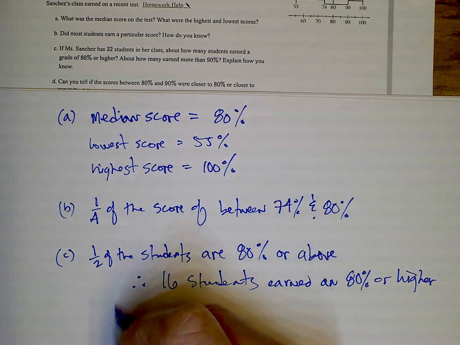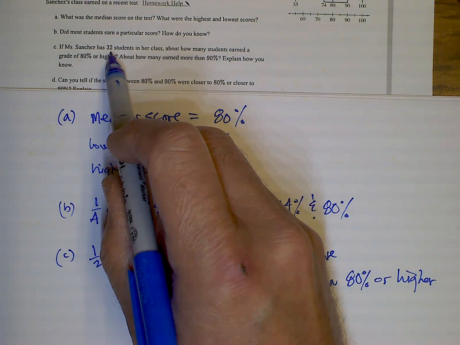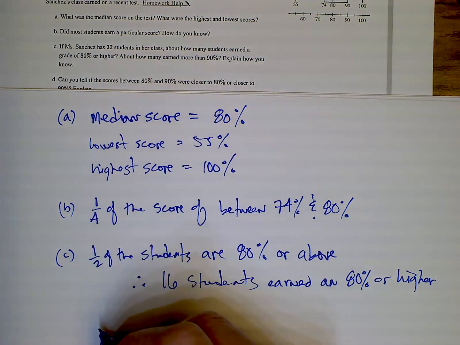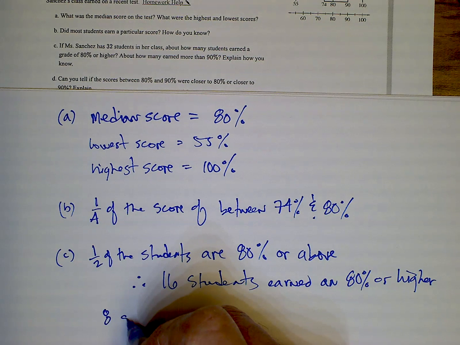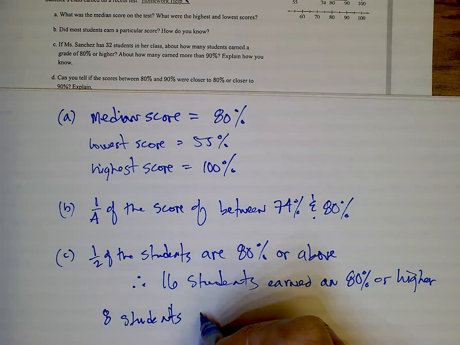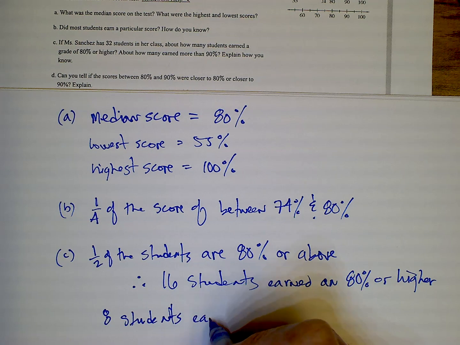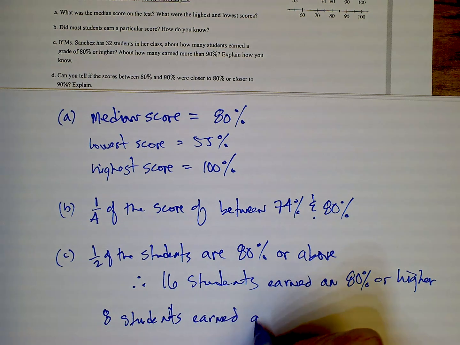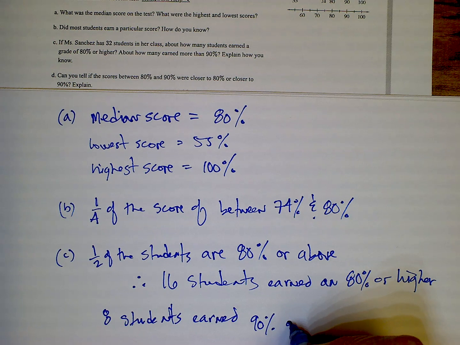So if that's the case, I can say 1/4 of 32 is 8. So we can also say that 8 students earned 90% or higher.